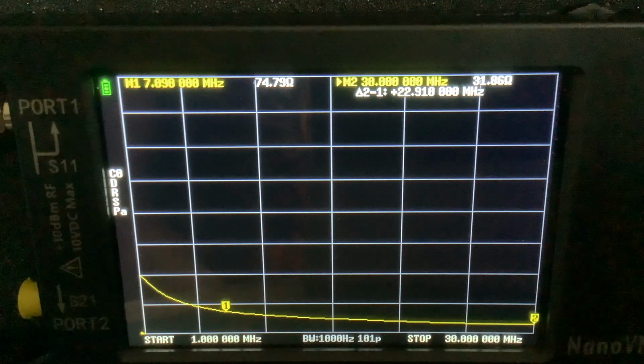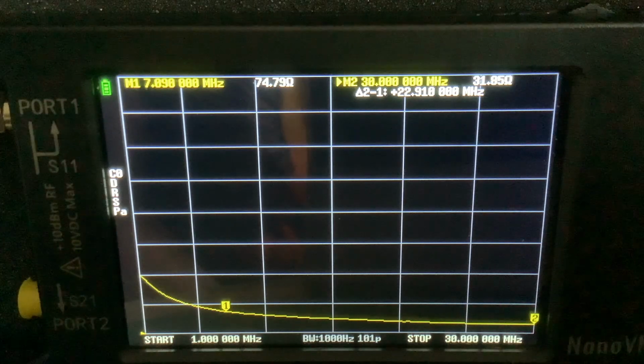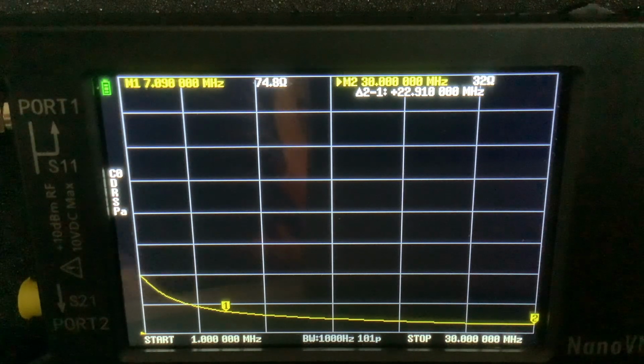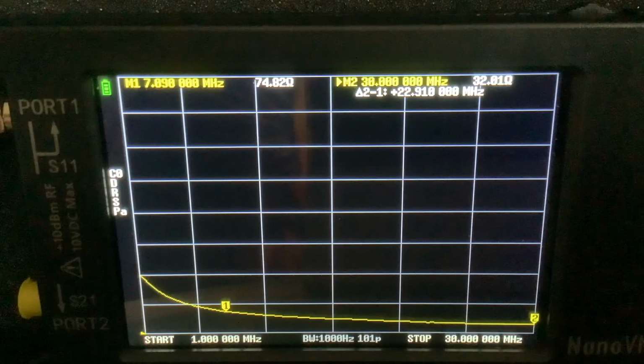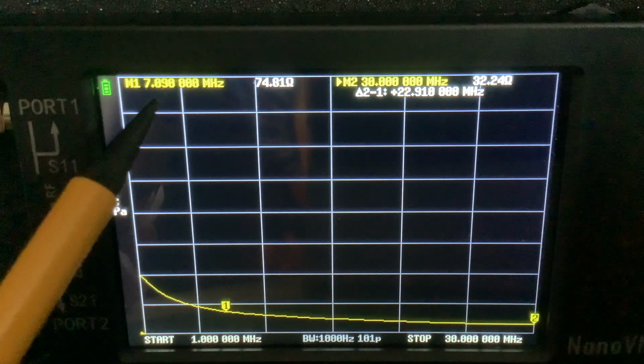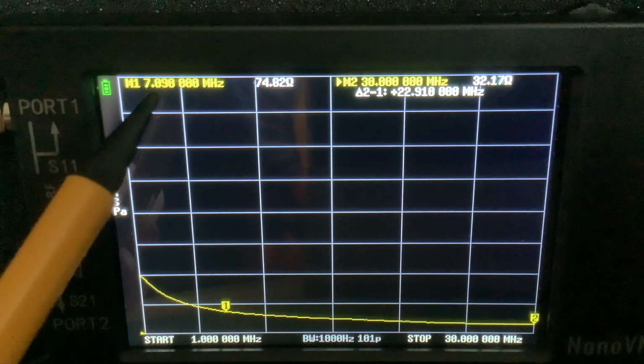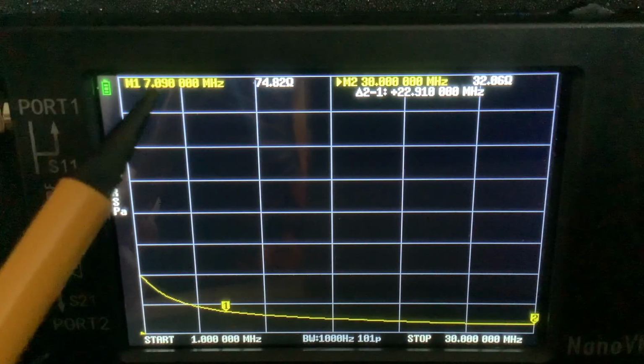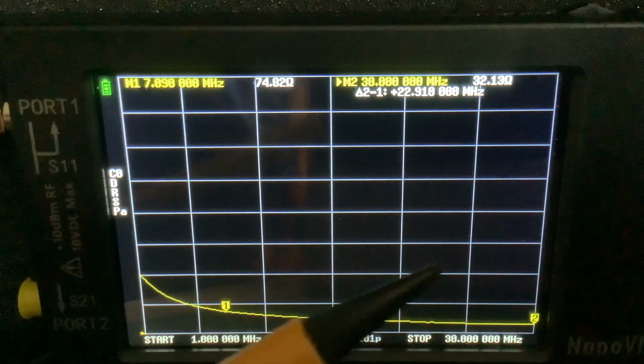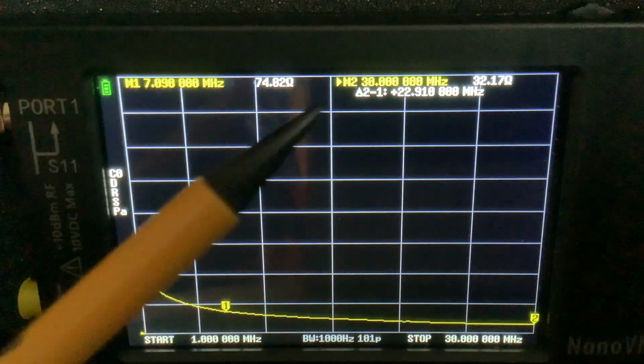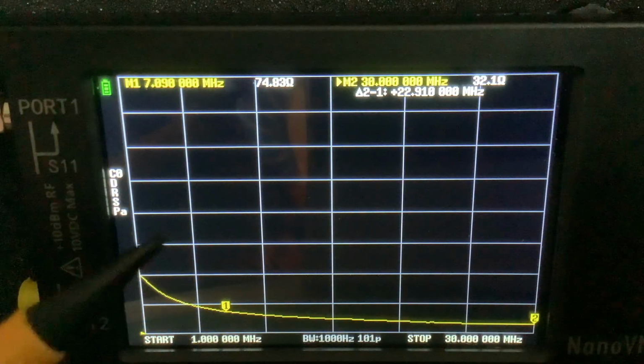So I'm just showing you now the screen of my NanoVNA, and I'm sweeping from 1 megahertz to 30 megahertz, and I have two markers. You'll see marker number 1, as I've got up at the top here, is set at 7.090, and marker 2, which is right the way over here, is set right at 30 megahertz.